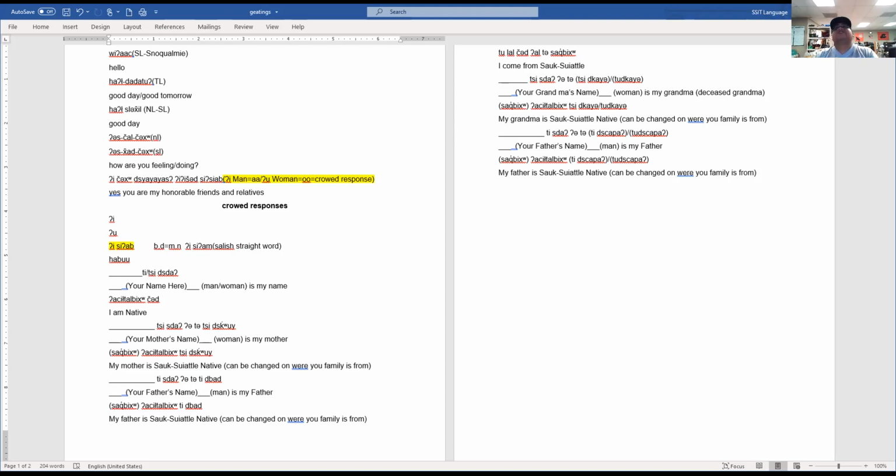Then you would say where she's from. My mother is from Sauk-Suiattle, right? Yellow Kamet is my father. Again, you see bod. Okay, so bod means dad or father.